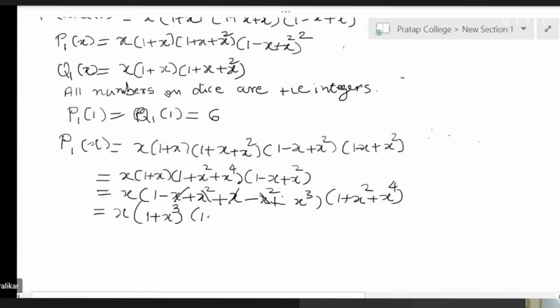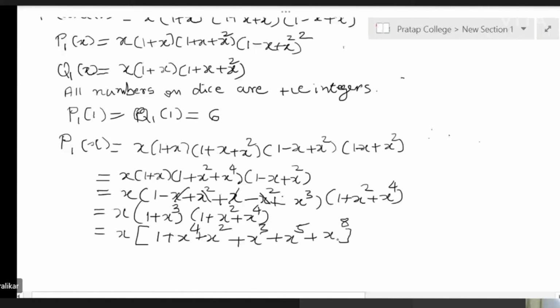Now, I'll keep x out and I'll just add it later. So this is 1 plus x raised to 4 plus x raised to 2 plus x raised to 3 plus x raised to 5 plus x raised to 8. Don't be scared, because now we are going to get bigger integers. So what is the final form?